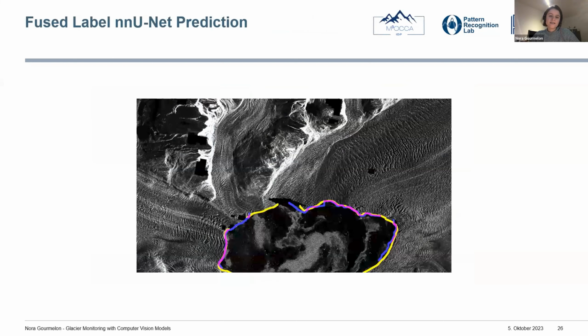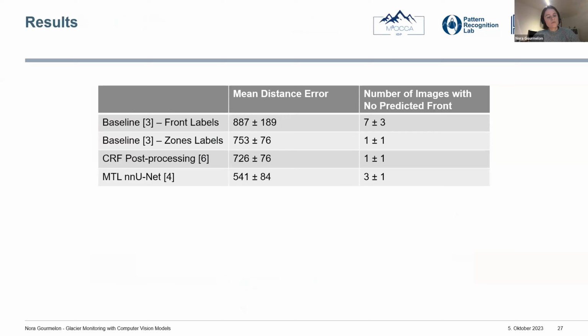And here you can see one result. So there are still a few false positives and false negatives here. But in general, we could improve the mean distance error by nearly 200 meters.